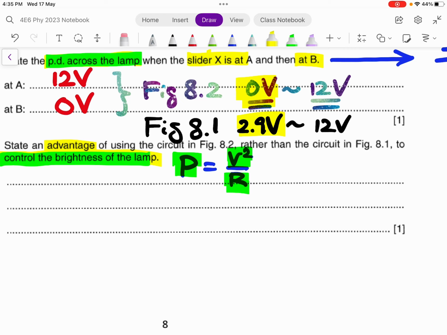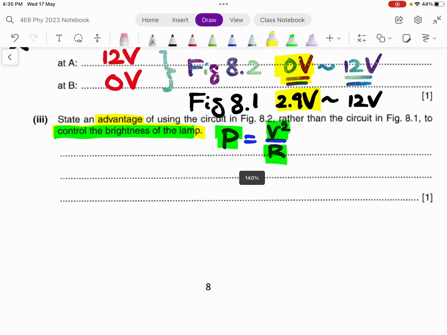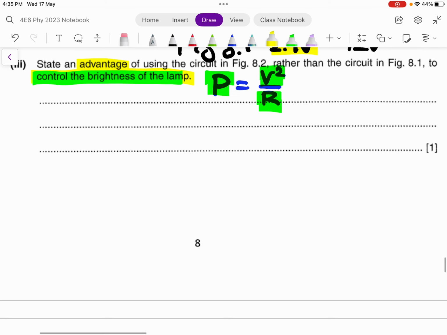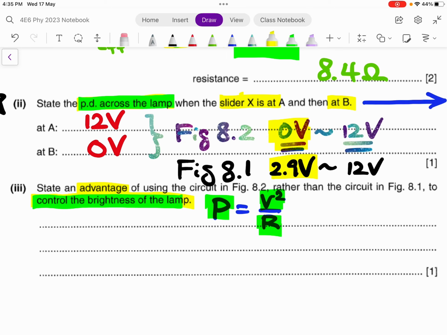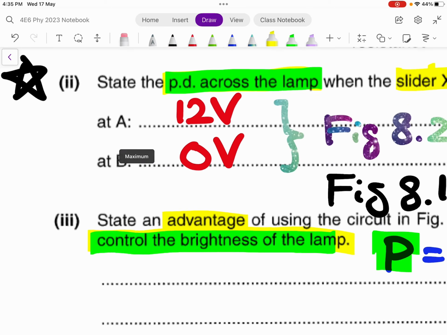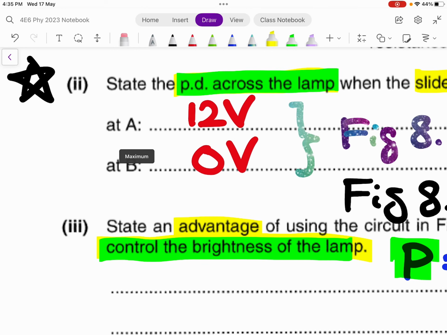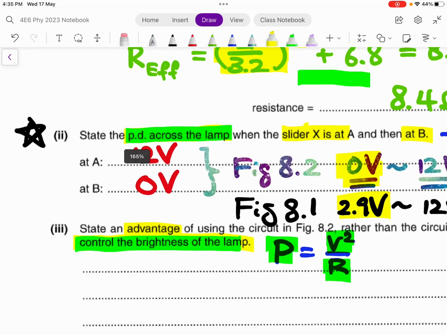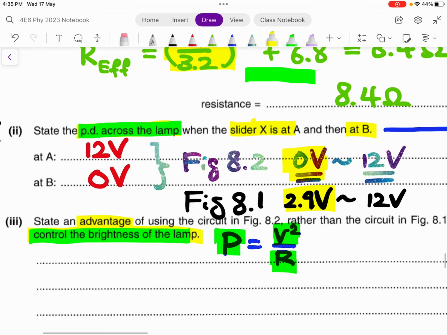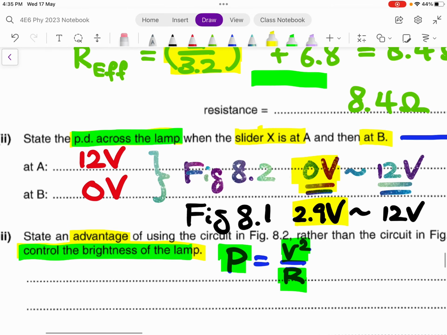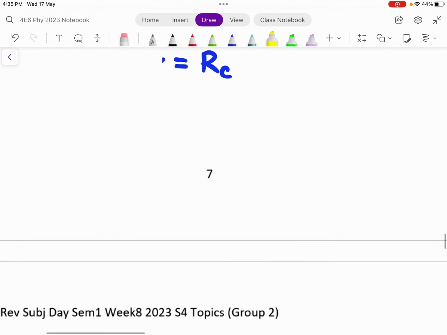And when I approach this question, similar to you, I don't have a clue. But I know this trick. When I am supposed to answer part 3, the hint has to be in part 2. That's why they are called part 2, part 3. So I look at part 2, I try to create a correlation between PD of the lamp in part 2 and control of brightness in part 3. Once I find something suspicious that I can zoom into, I go to 8.1.